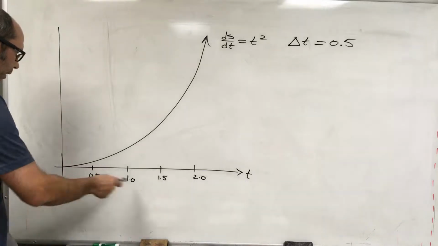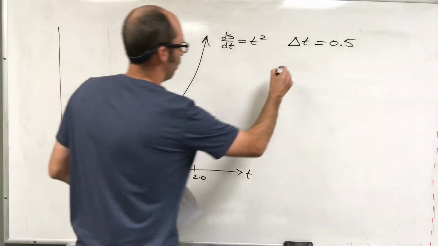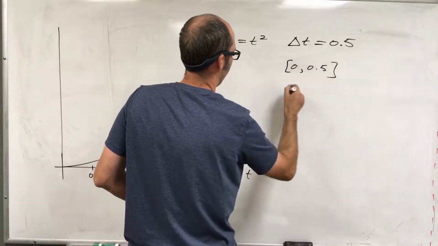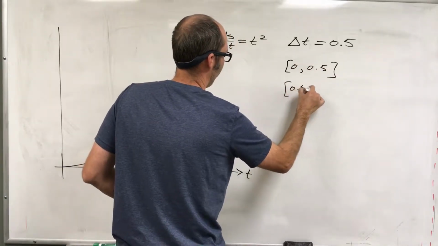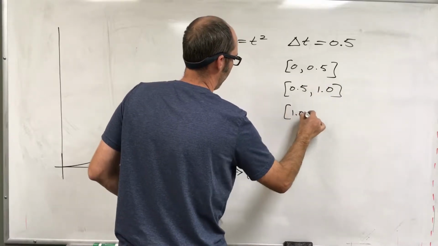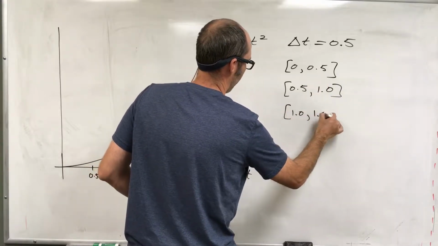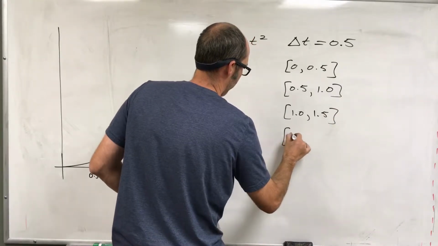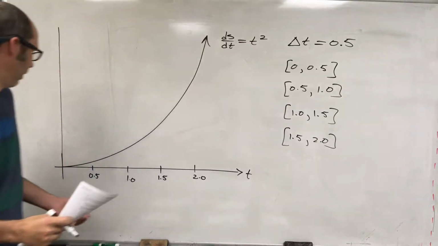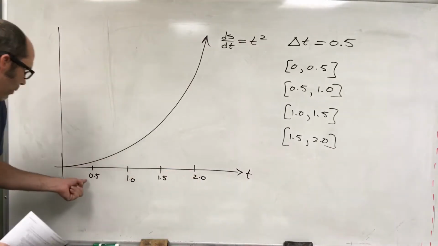Okay, so the intervals that we're going to be computing over are 0 to 0.5, 0.5 to 1.0, 1.0 to 1.5, and 1.5 to 2.0.